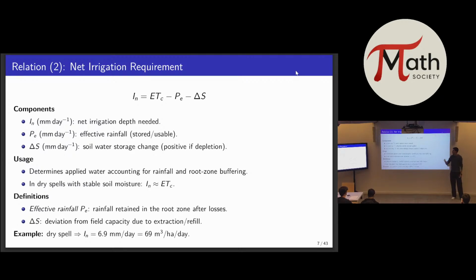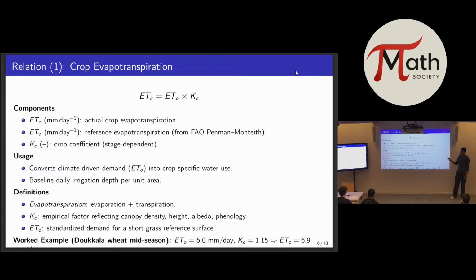So based on the day, we input the components, and based on the outcome, we define how the field is doing that day, if it's evaporating more water, or if it's storing more water. So this is actually the starting point of our work.